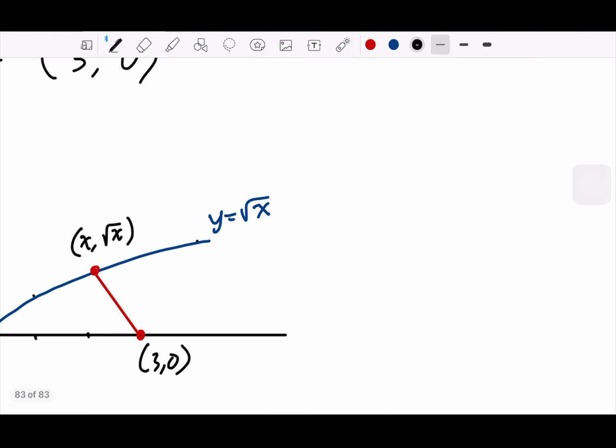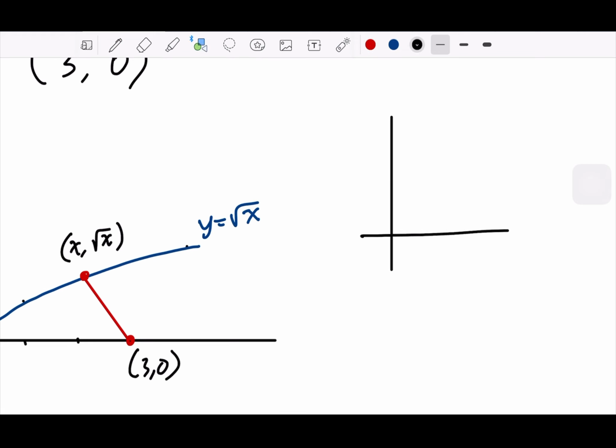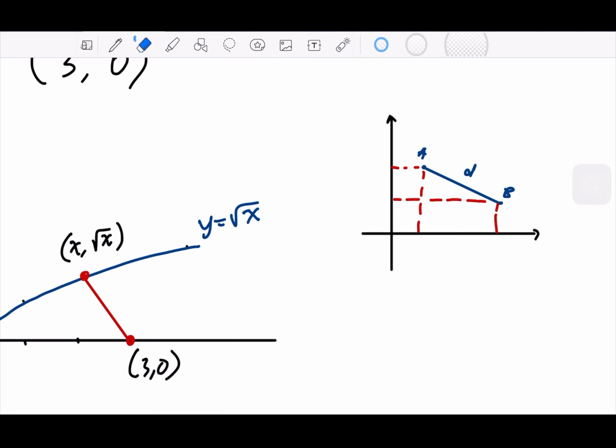So for example, let me just illustrate. We have this, this. You want to approach the distance from these 2 points A, B. And of course, this is in the XY system or Cartesian system.